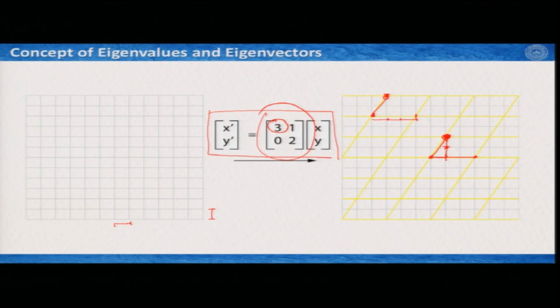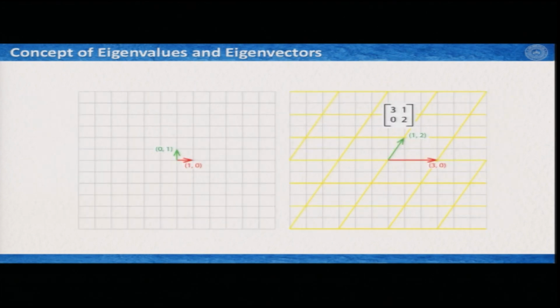If I look at it in vector form, I have this red unit vector, which is 1 0, and the green vector along the y direction, with coordinate 0 1. If I apply the D matrix, the red vector 1 0 changes to 3 0 and 0 1 changes to 1 2, which actually defines your D matrix, the deformation matrix.